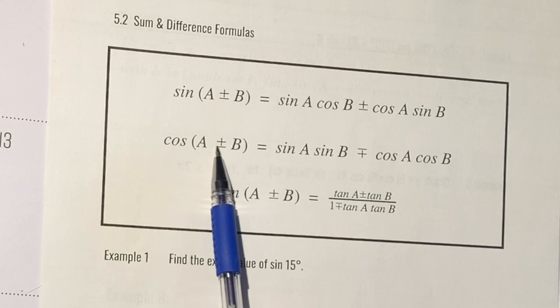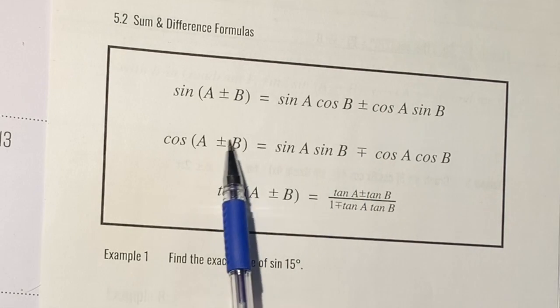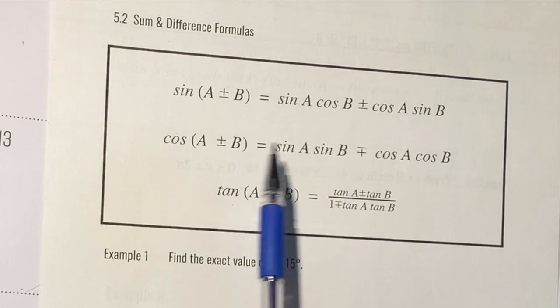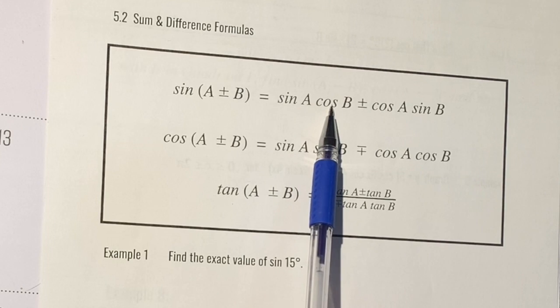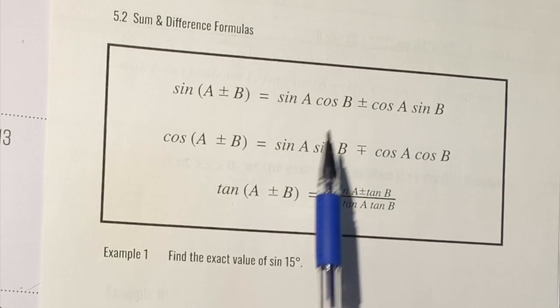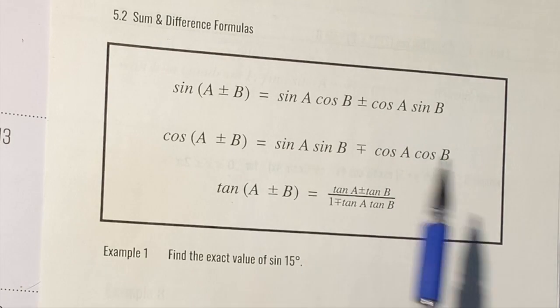So it's going to be opposite whatever it is in the angle. If it's a sum, the sign over here is going to be a subtraction. If it's a difference here, it's going to be a sum. But notice the difference here that the sine formula is sine A cosine B, cosine A sine B, where the cosine formula is sine A sine B, cosine A cosine B. So you want to remember those formulas.